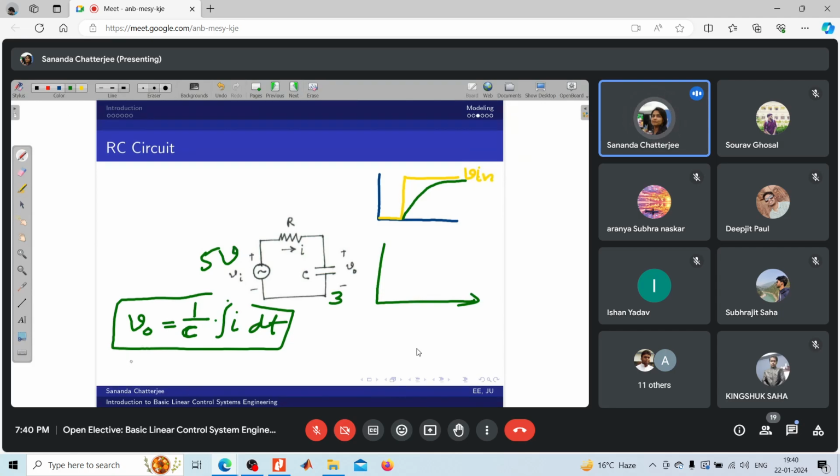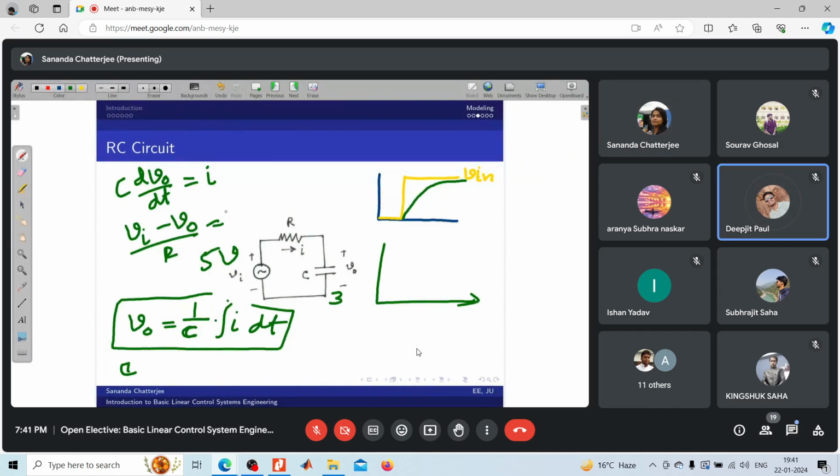This can be rewritten as C dV0 by dt is equal to I. And what is I from this circuit? I equals Vi minus V0 by capital R. Do you agree?